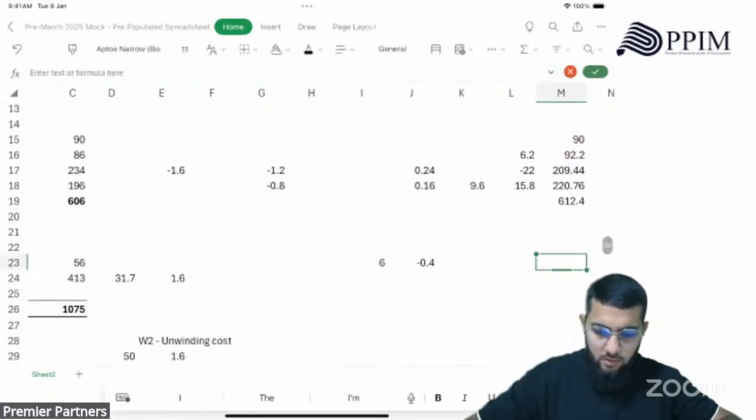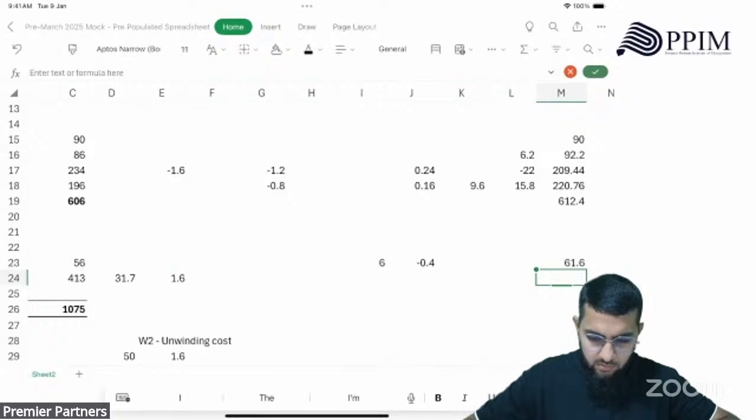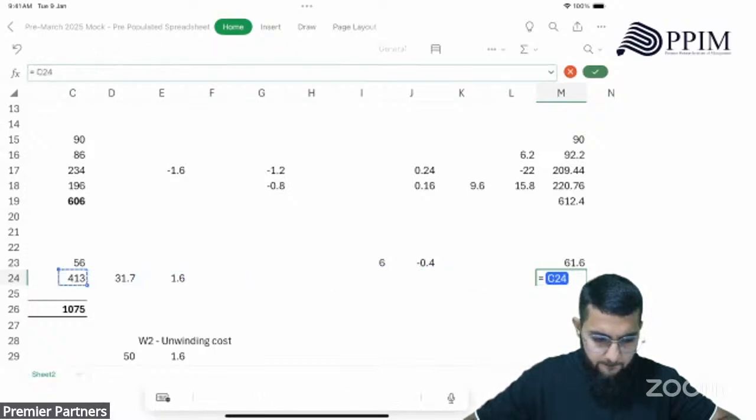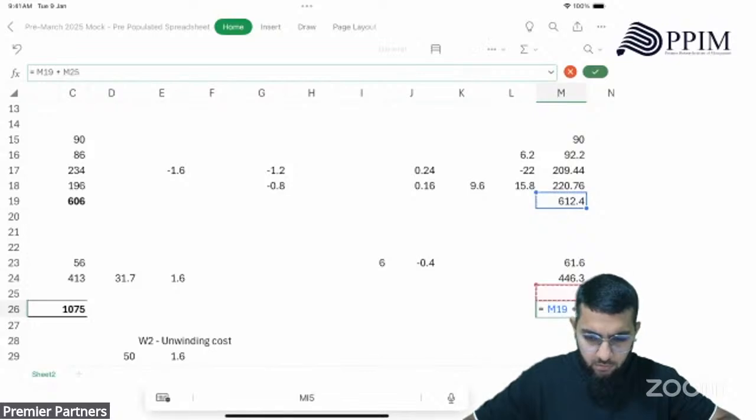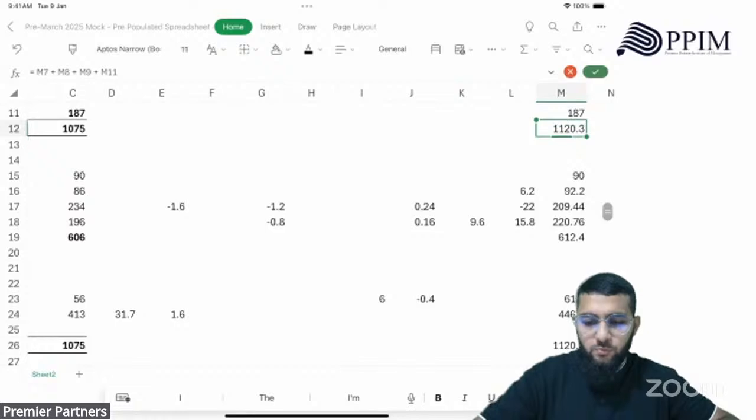Okay. Then comes the liabilities. Balancing. There we go.